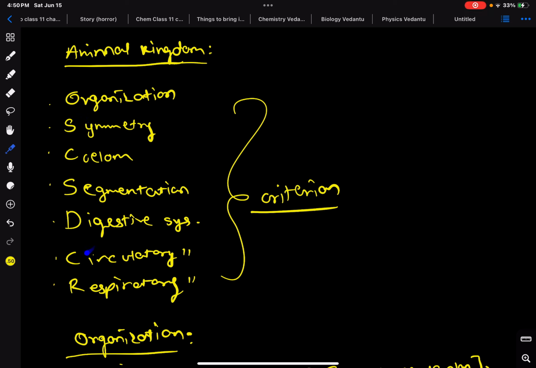This is very, very important. It is very important. Alright, so O stands for organization, S stands for symmetry, then we have coelom, segmentation, digestive, circulatory and respiratory. So these are the criteria that we use for classifying organisms.